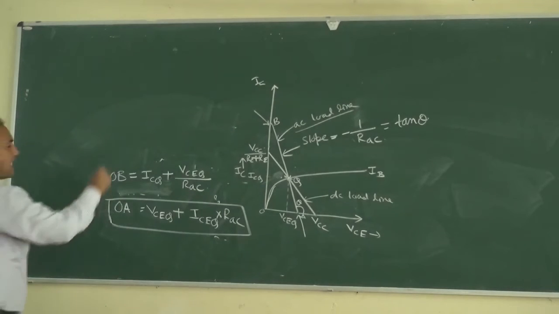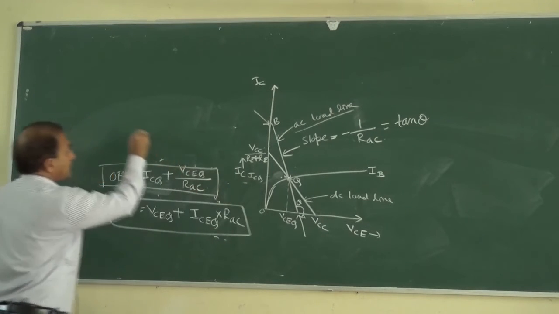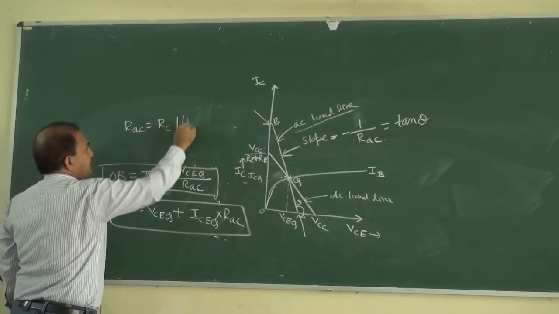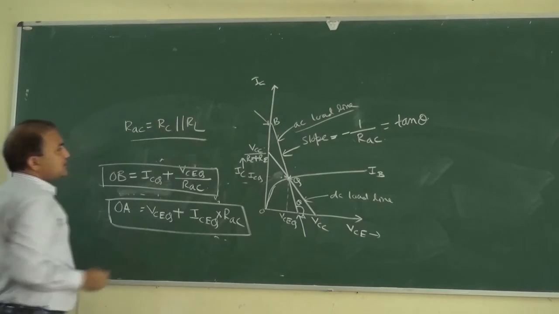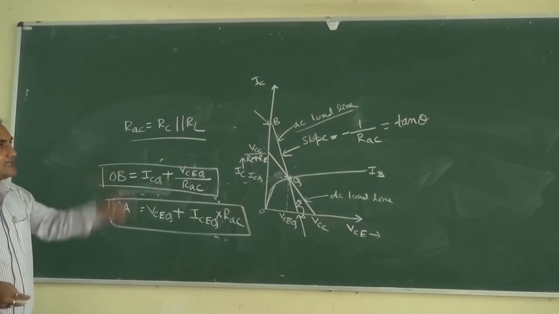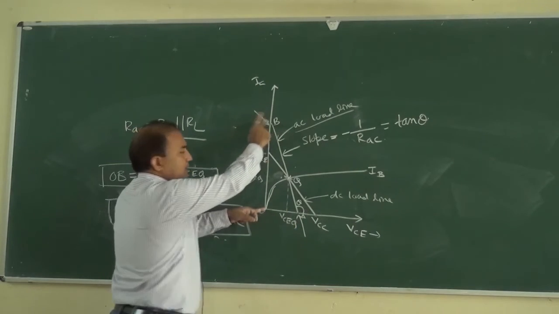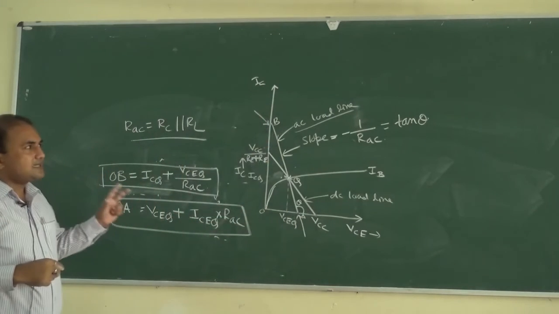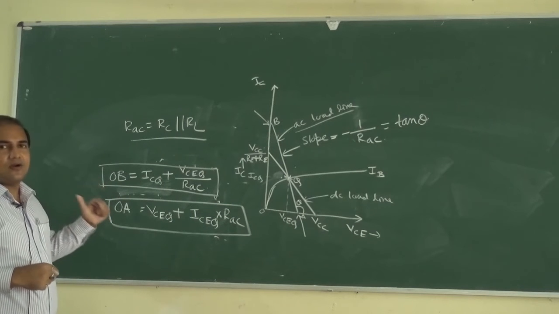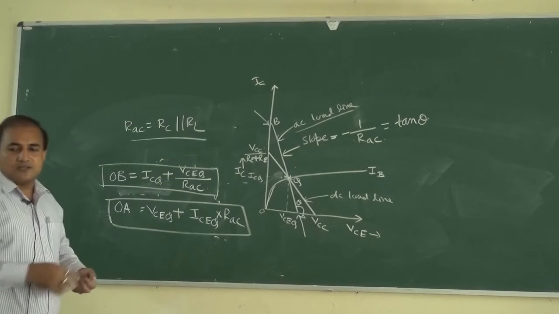Here RAC is equal to RC in parallel with RL. So in this way we can determine the AC load line and this value and this value also. So this is all about DC load line analysis and AC load line analysis, AC analysis and DC analysis.